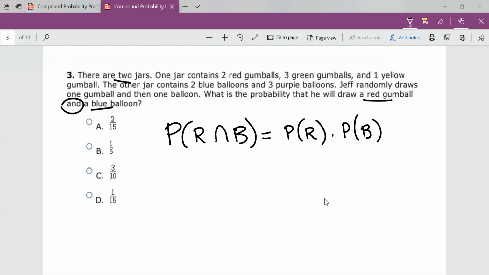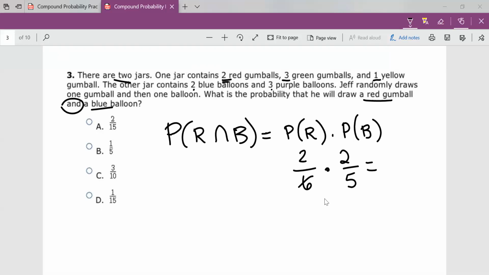If we count up the red gumballs, we know there's 2. So that's 2 out of how many total? We have 2 plus the 3, that's 5, plus the other one, that's 6. So that's 2/6. And the blue balloons, we have 2 blue balloons and 3 purple balloons. So that's 5 total. And we're looking for the blue, and there's 2 of them.